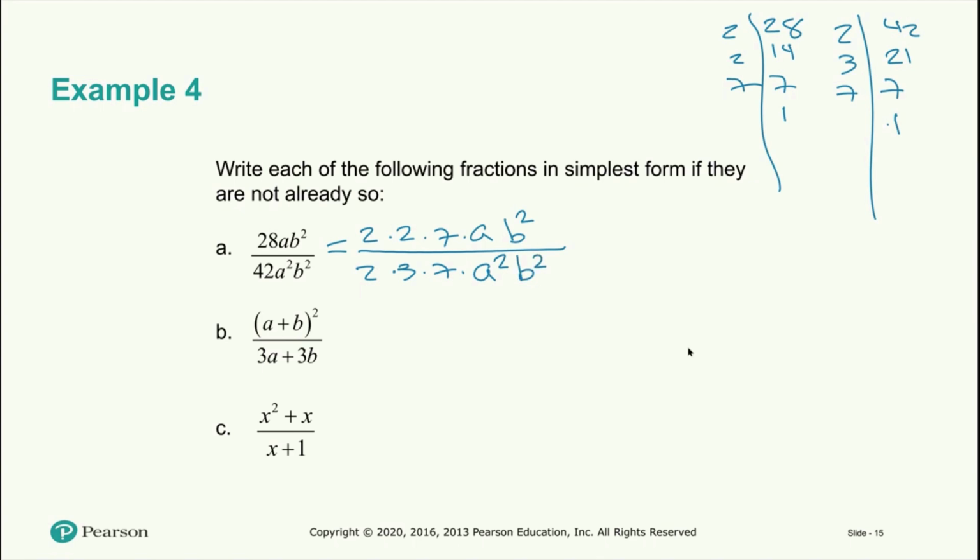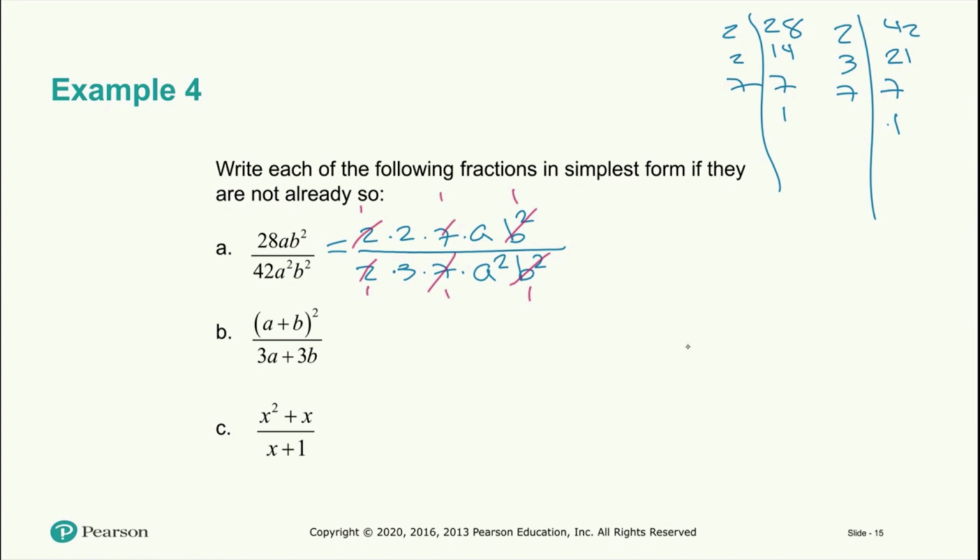Now we can cross cancel the 2's, for example, the 1, 2 on the top with 1, 2 on the bottom, right, using the cancellation property, and we can cancel out the 7's, 1 7 on top with 1 7 on the bottom. Notice the b squares completely cancel out. Of course, notice they all leave 1's, right? We normally don't write the 1's, but you could if you like, okay?